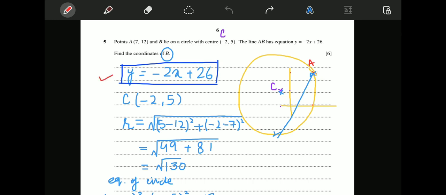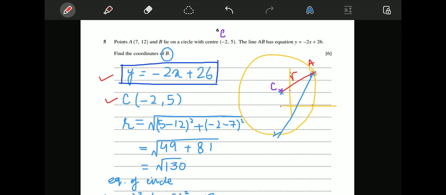So line AB has this equation, center C is -2, 5. Can we find the radius of the circle? We know one point, and do we know another point? Yes, we know a point. So we'll find the radius r from this AC.